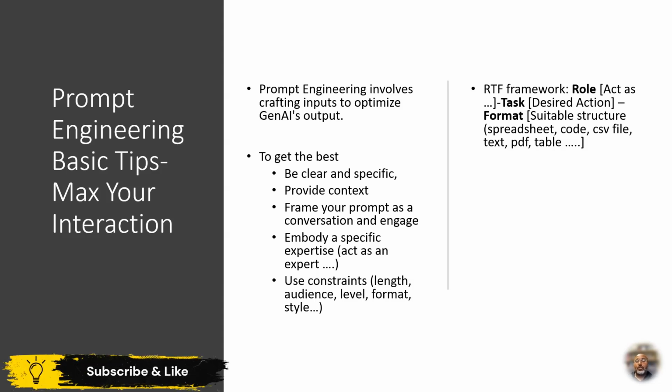Then provide context. Let's go back to the example of marketing. Is it societal marketing? Political marketing? You have to provide context. Are you talking about the U.S. market or a foreign market?